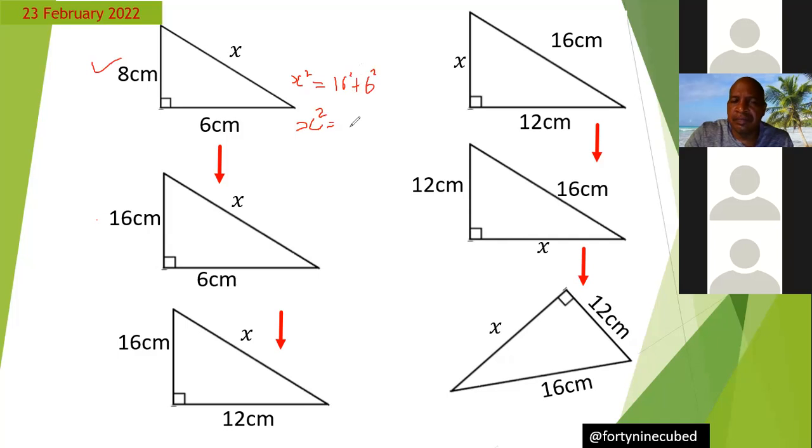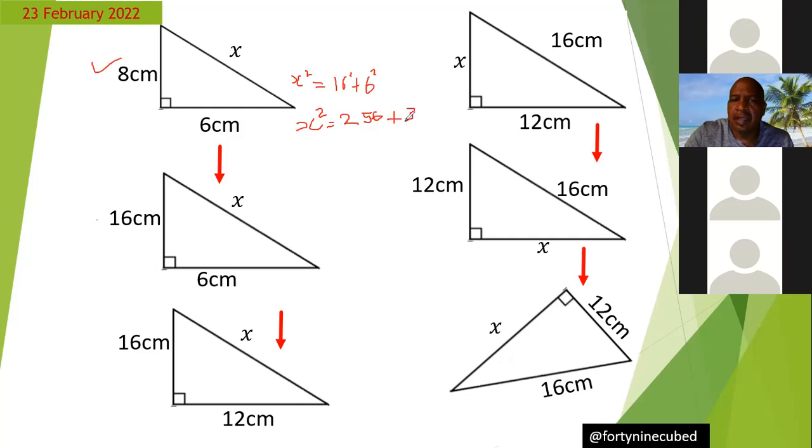And then I have x squared is equal to... 16 squared gives you how much? 256. Was it 156? No, sir, 256. All right. And 6 centimeters squared is equal to 36. So when you add these, what do we get? I have 292.